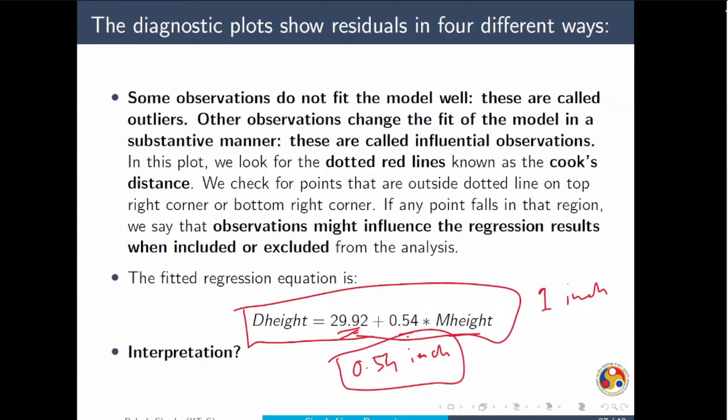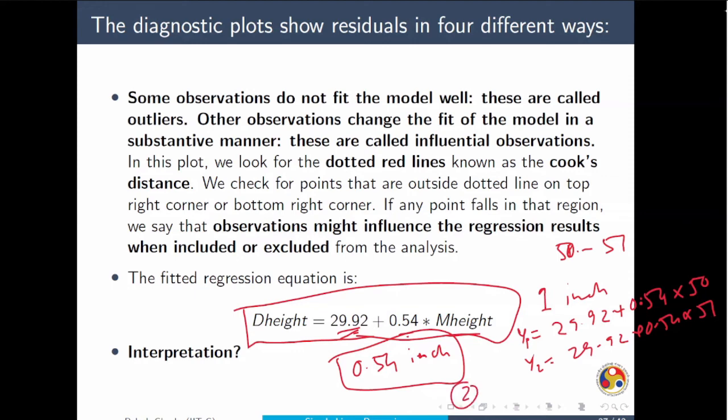So, for example, if I increase mother height from 50 to 51, you will have two regression lines. Say y1 is equal to 29.92 plus 0.54 multiplied by 50, and y2 is equal to 29.92 plus 0.54 multiplied by 51. Now if you consider 2 minus 1, the constants cancel out, and the difference is 1.